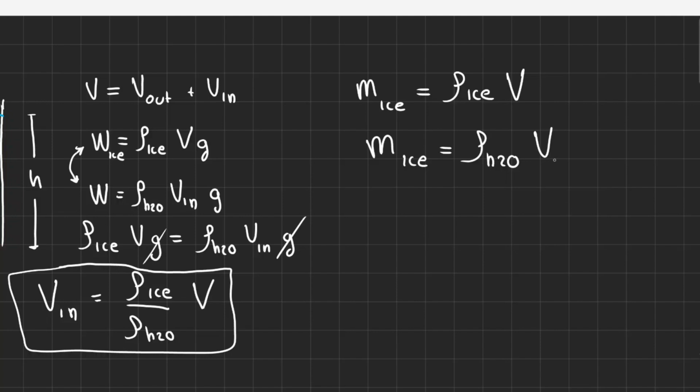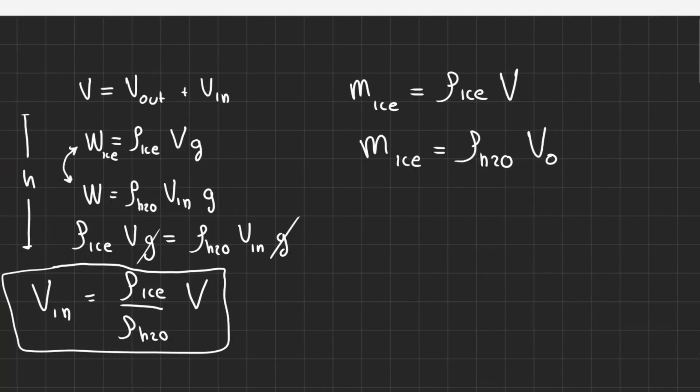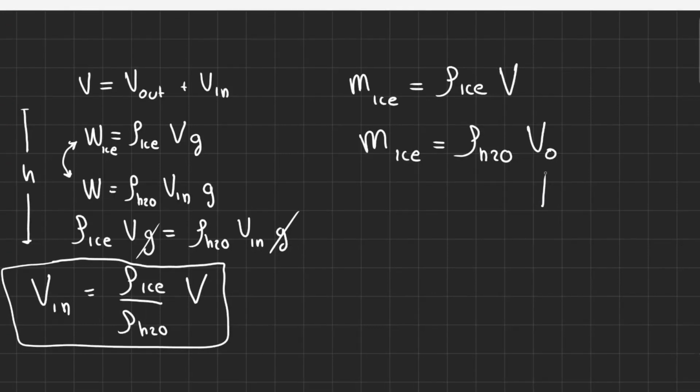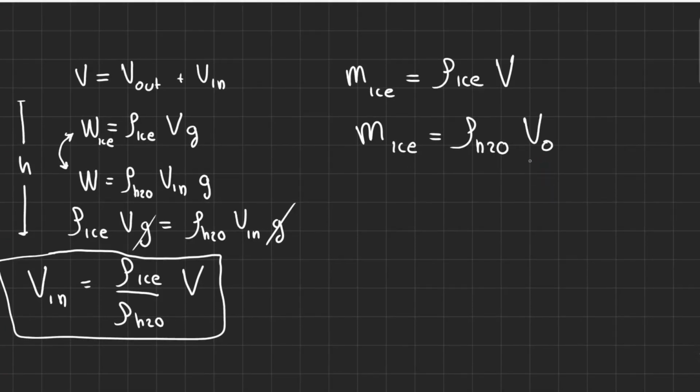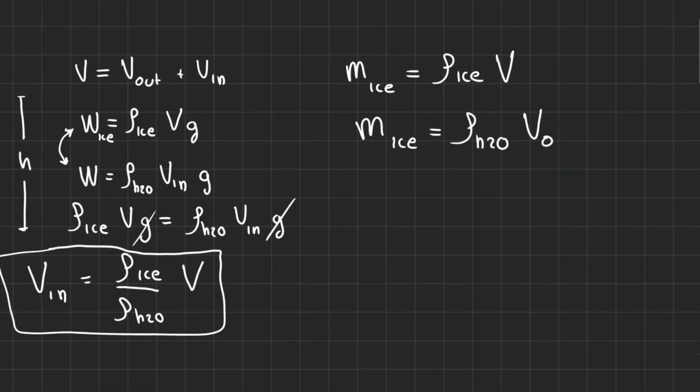Let's say that volume is named V0. That is the volume that the ice cube gets after it is melted. When it becomes water, it now has a new volume which we name V0. So the mass of the ice is equal to the mass of the water after the melt.